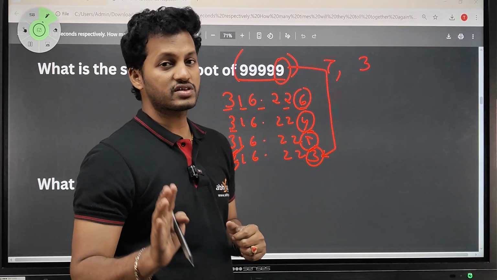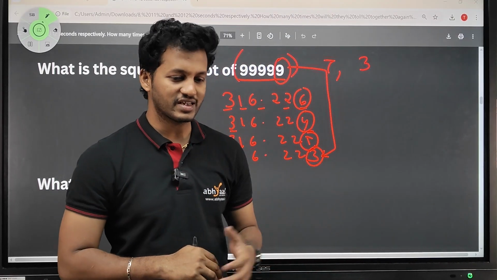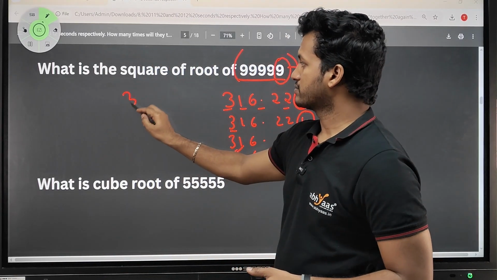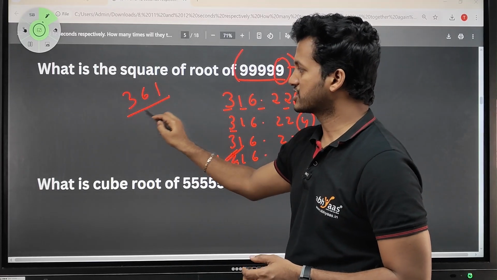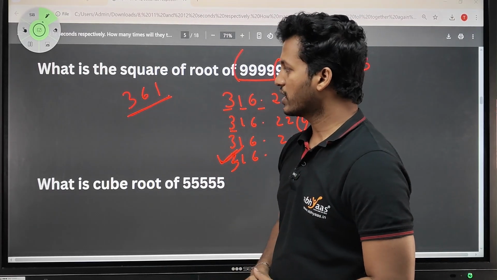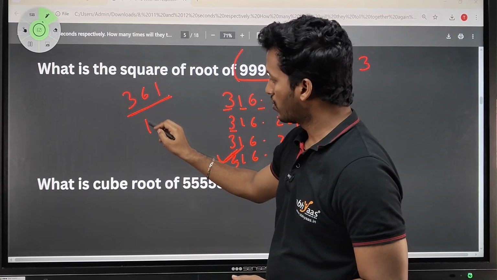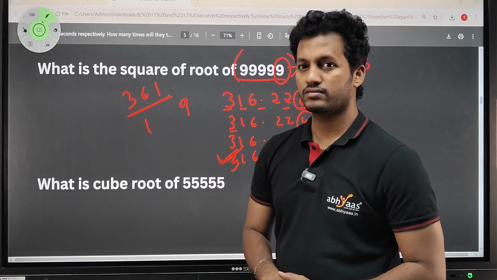Yes, sometimes if it is a perfect square, you can use that method. I can easily say 361. What is the square root of 361? If you know this, please comment in the comment section. The square root can end with 1 or 9.